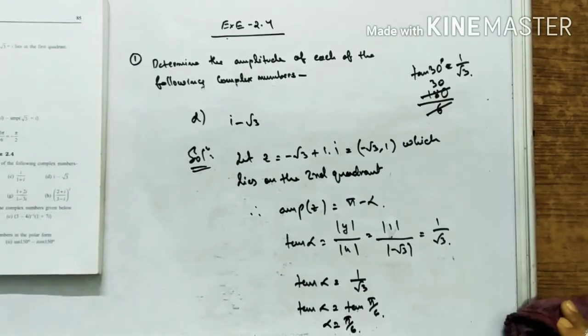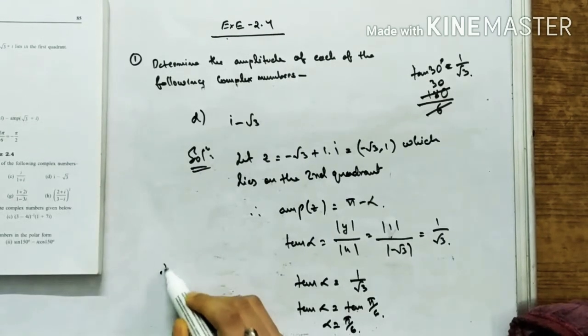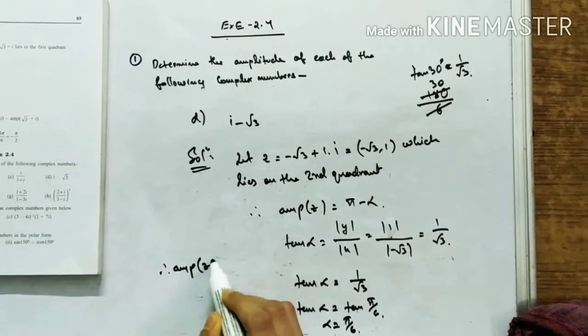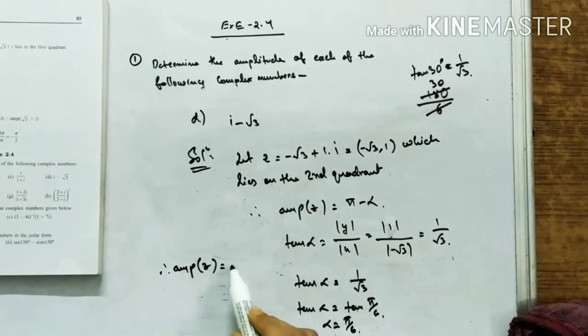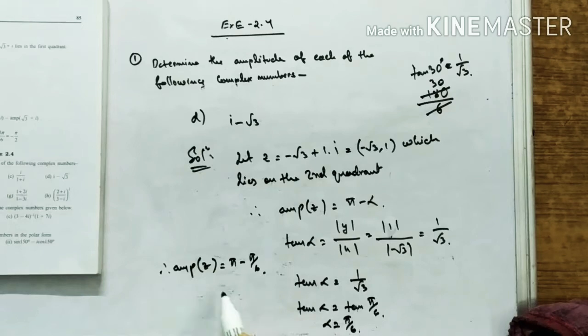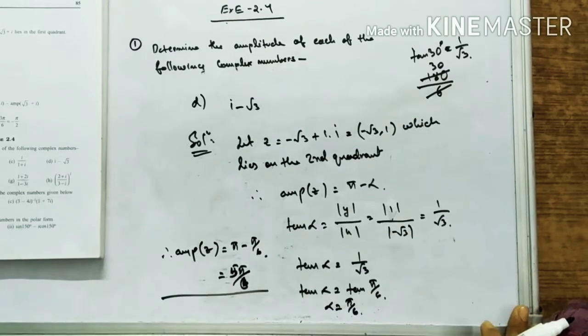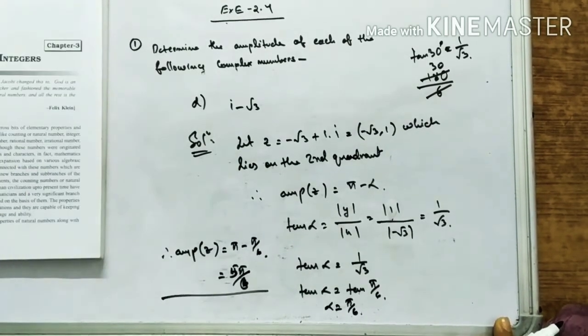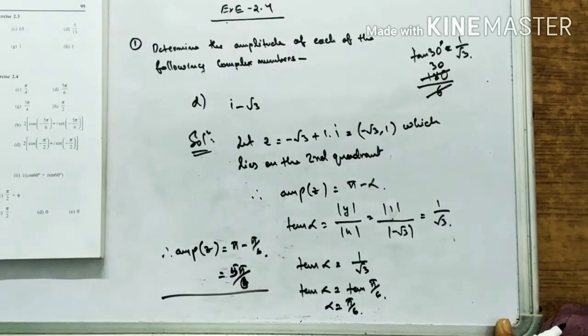Therefore the amplitude of z is equal to pi minus pi by 6, which ultimately gives me 5 pi by 6. This is my answer, 5 pi by 6.